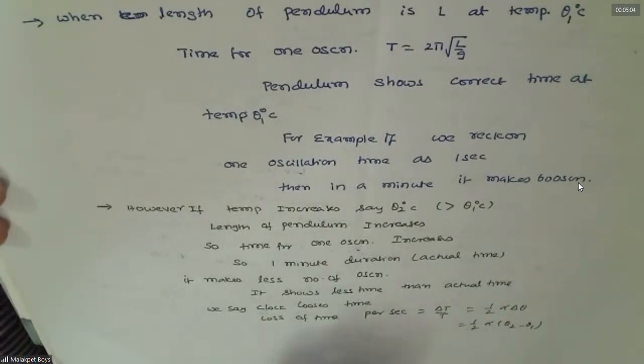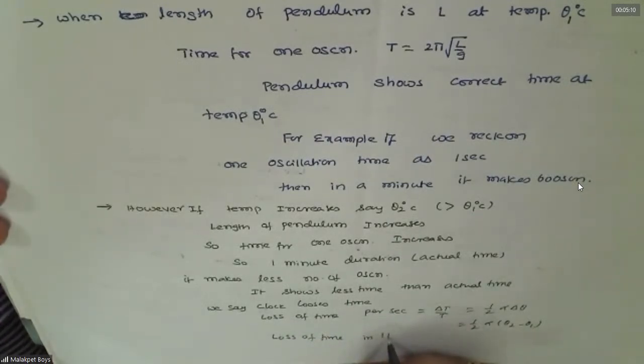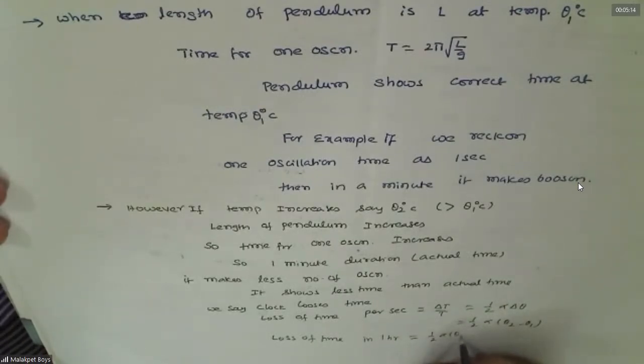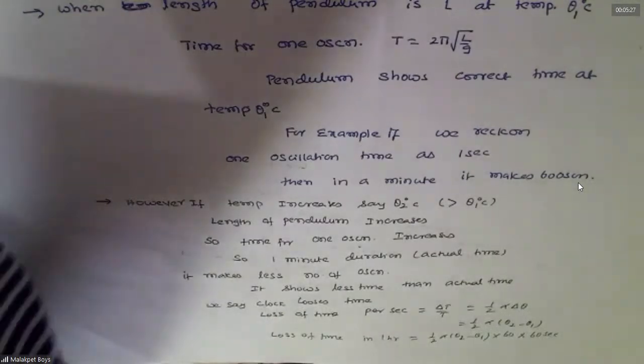Clear? Suppose in 1 hour they ask. This is per second now. 1 hour consists of 60 minutes. Each minute has 60 seconds. Like that you can find out. Is it clear? This is what we have been discussing in the last class.